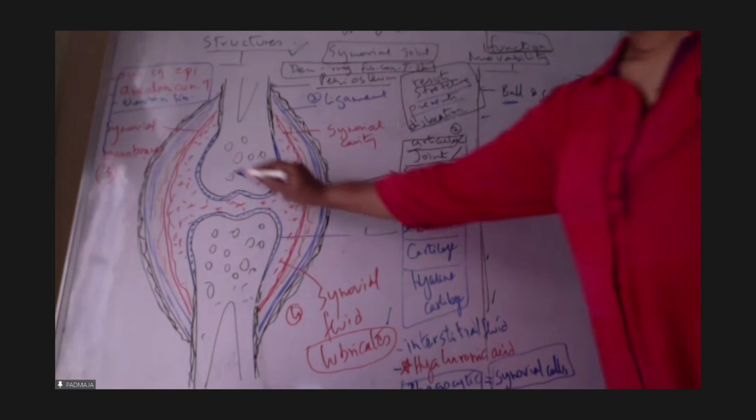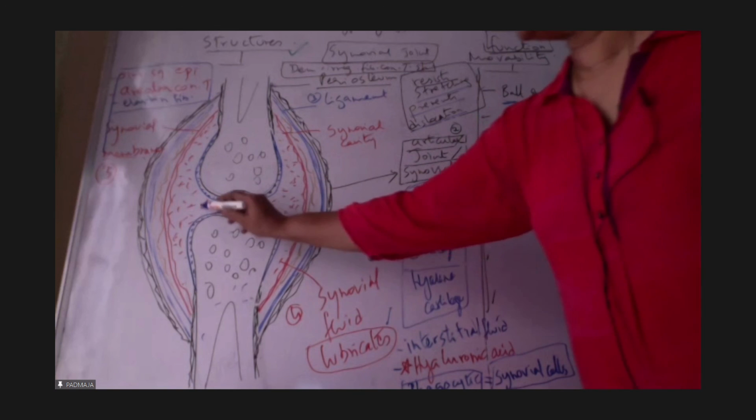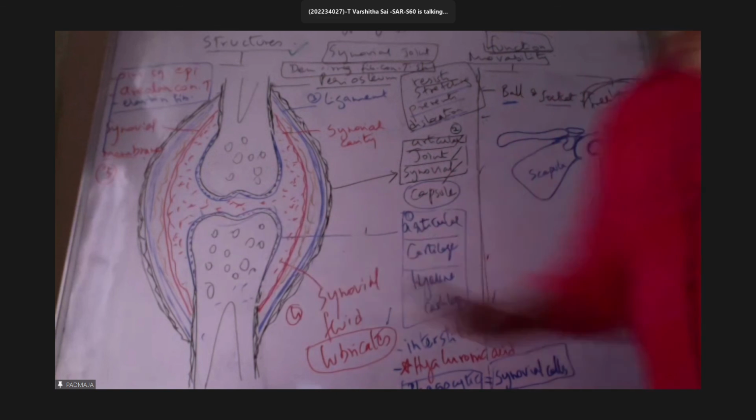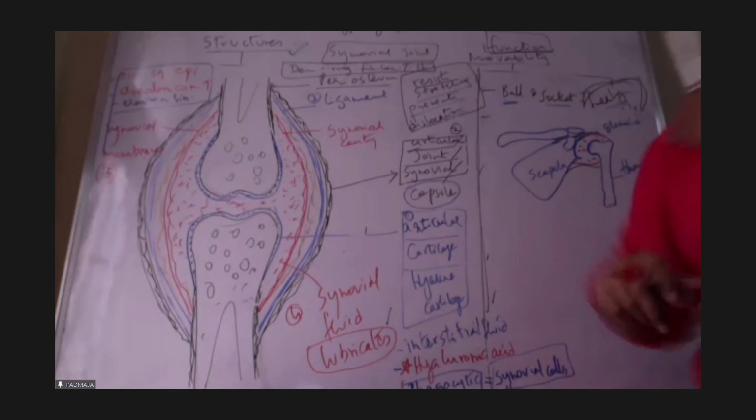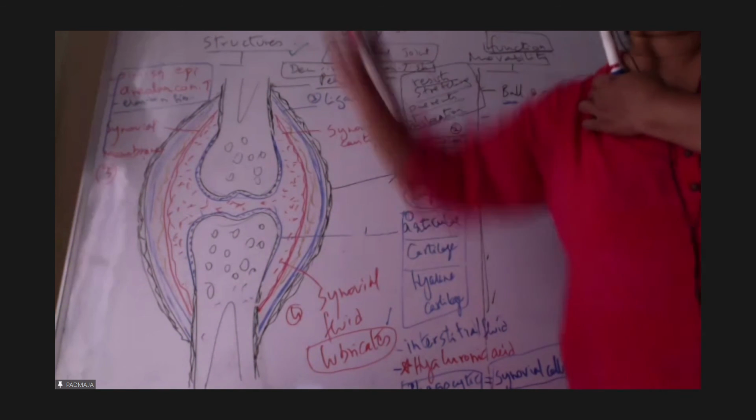Here, one is the ball and the other becomes the socket. And as usual, we can see the same structure here. Both are connected by the synovial joint capsule, internally lined by synovial membrane, and here synovial fluid, so that we can move in all directions.